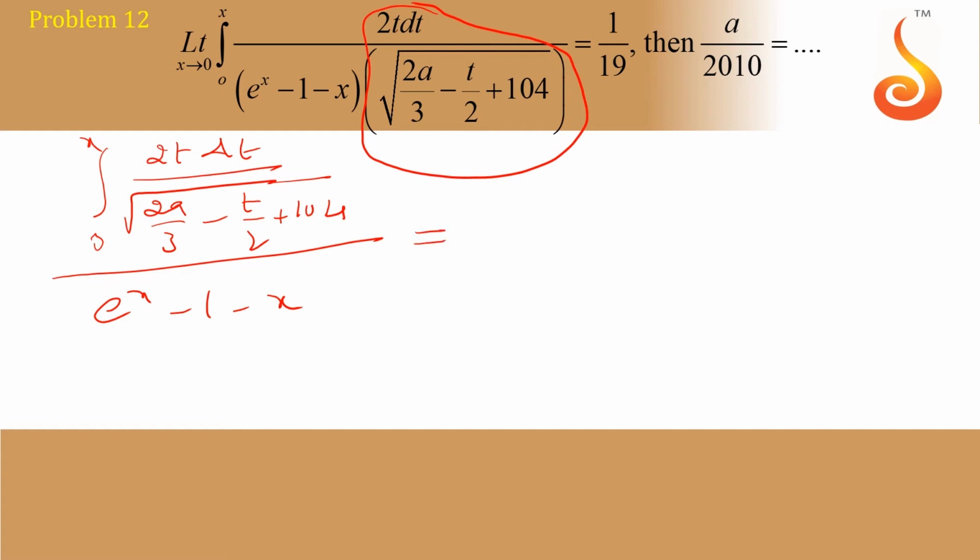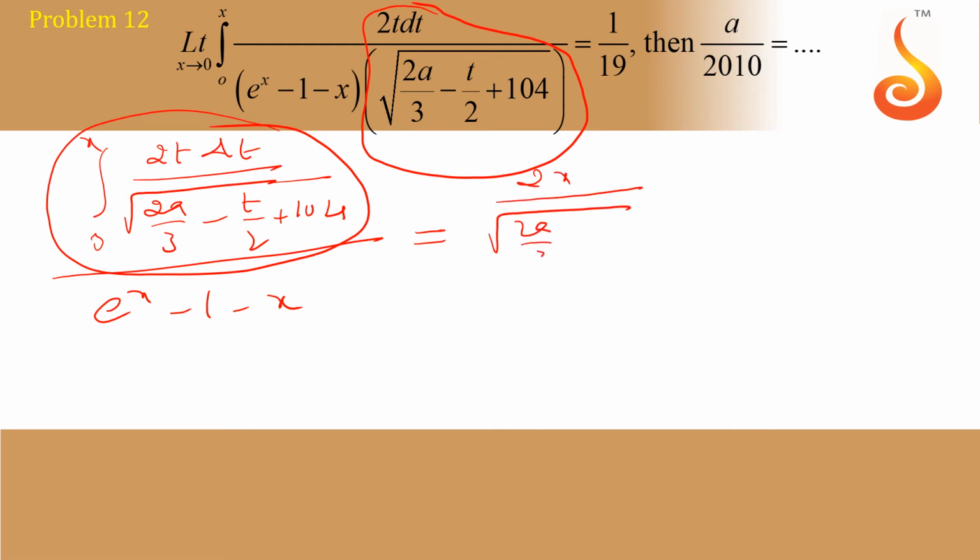So I will apply derivative. For numerator, derivative means Newton Leibniz theorem. So derivative of numerator will be, substitute x by under root of 2a by 3 minus x by 2 plus 104 into x, derivative 1 minus 0, no need to write, divided by e power x minus 1.